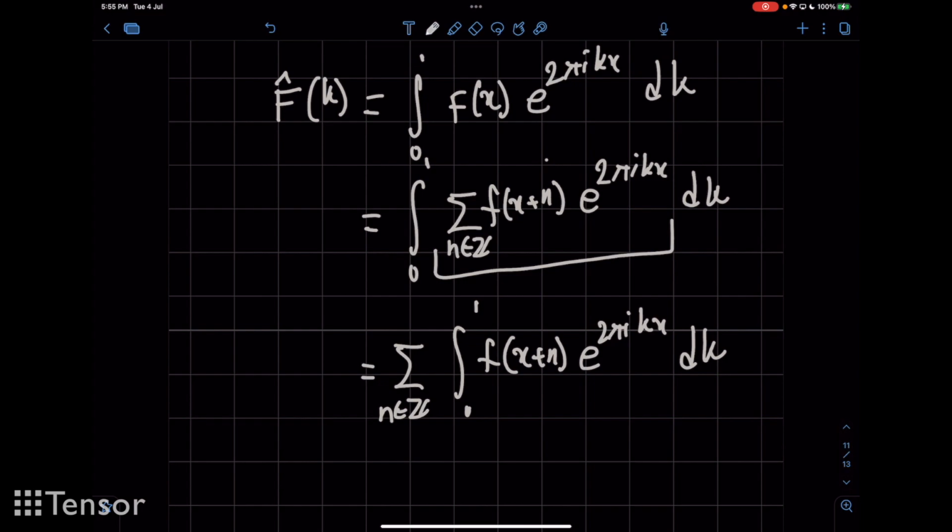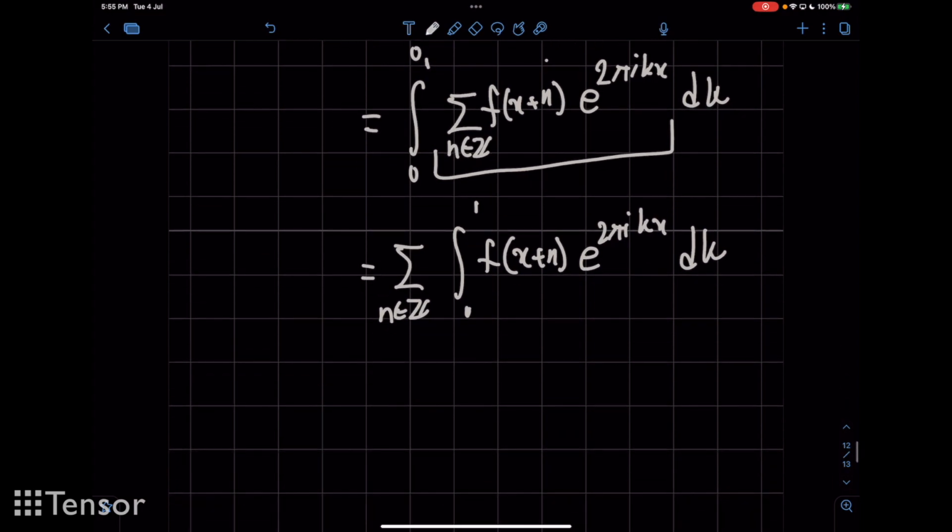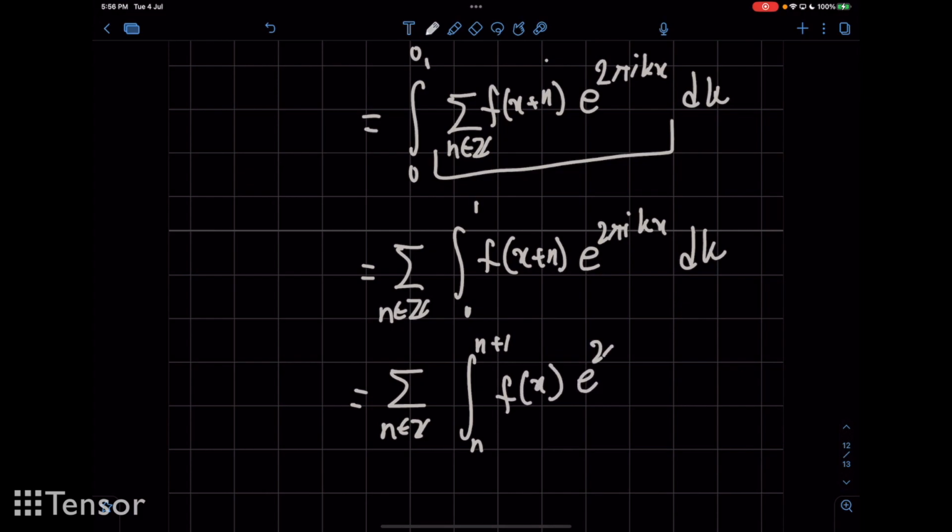All right? And now I'm going to do a change of variables and write it like this: n is in Z, and the integral is from n to n plus 1 of f of x e to the 2 pi i kx dx.